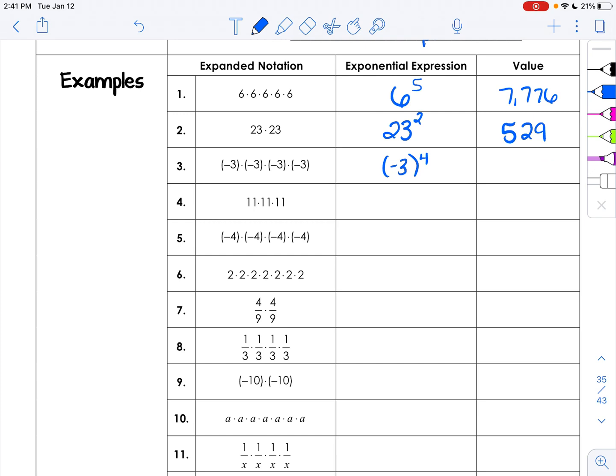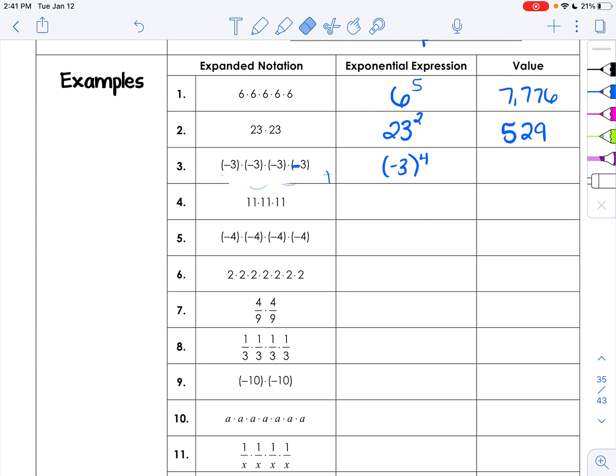So when we multiply negative 3 times negative 3, a negative times a negative is a positive. Well, then that positive times this next negative, a positive times a negative is a negative. That negative answer times this negative gives us a final positive answer.